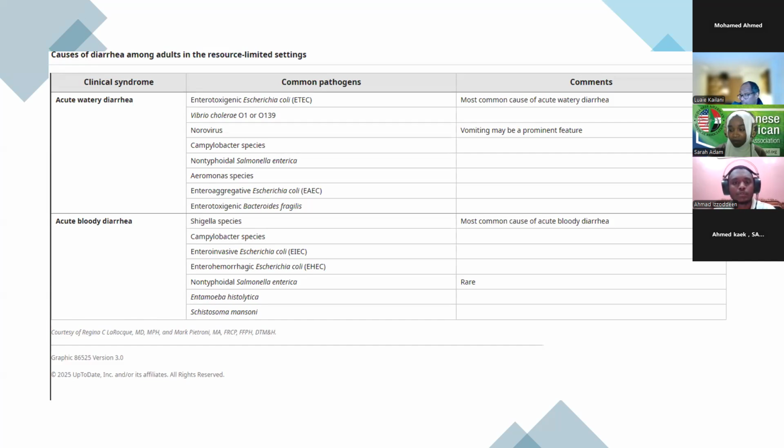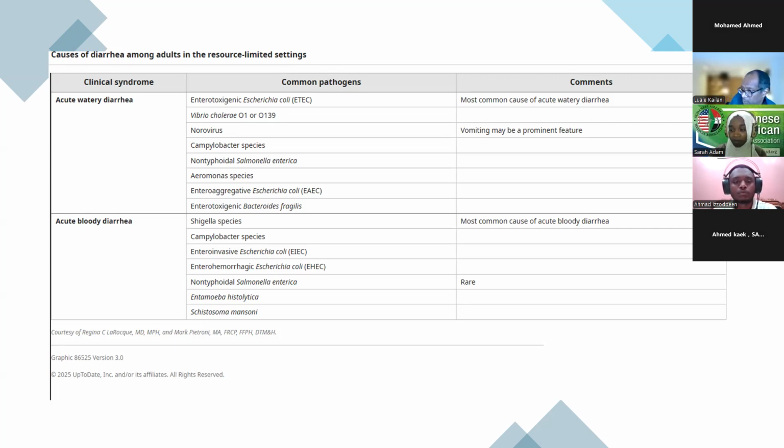So for acute watery diarrhea, the common pathogens: E. coli is mostly number one, specifically enterotoxigenic E. coli. Then Vibrio cholerae. Norovirus is by far more common, but vomiting in norovirus is a more prominent feature. And then you have Campylobacter and Salmonella.